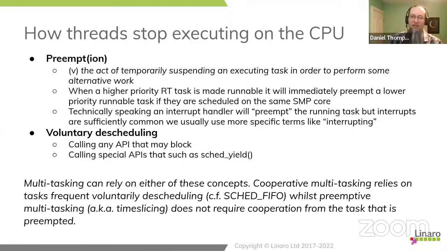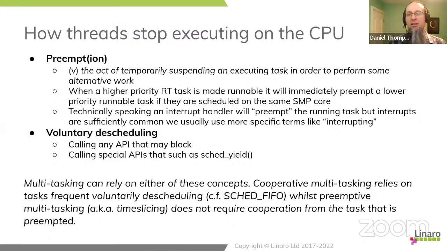Somebody else has said, right, I need to stop that task, and we're doing it without the cooperation of the task. So in other words, when a higher priority real-time task is made runnable, the scheduler will immediately stop the current task, if it's on the same CPU, and run the new higher priority task.